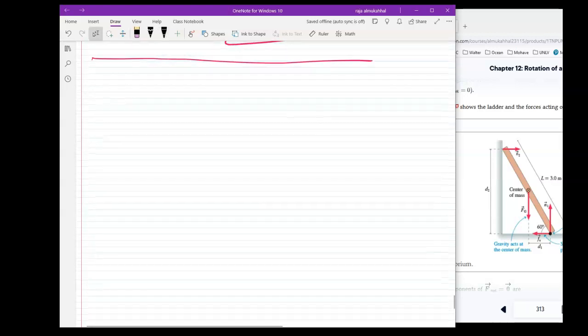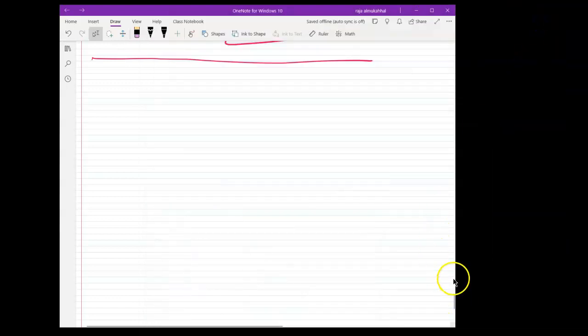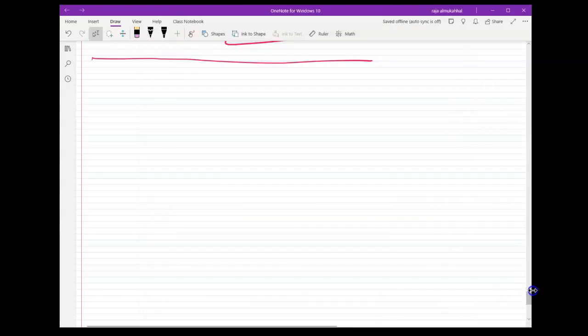Okay, so what I have in here, let me get this out. Imagine you have this is the edge of a table, and then you have here the pulley right here.